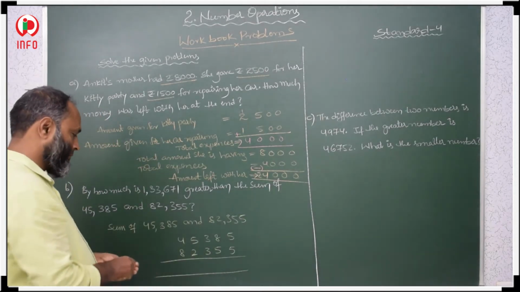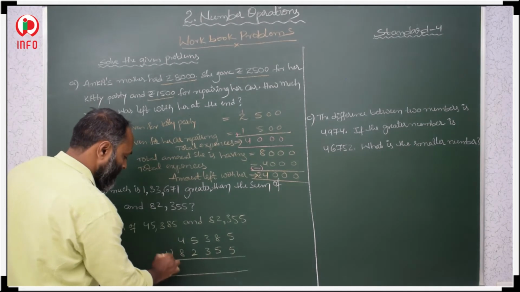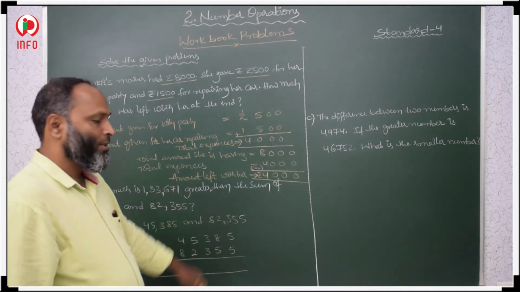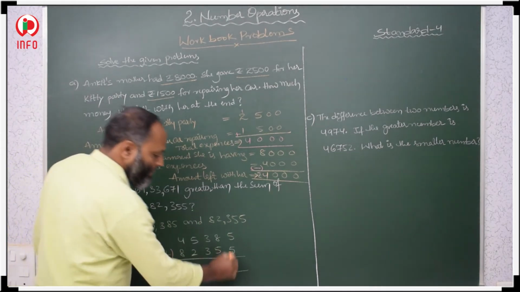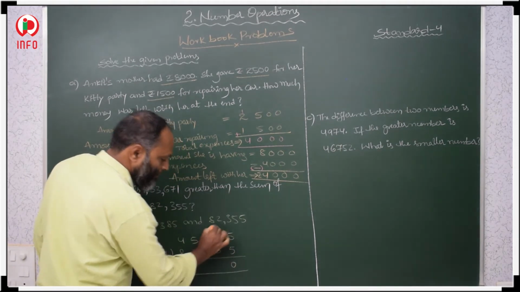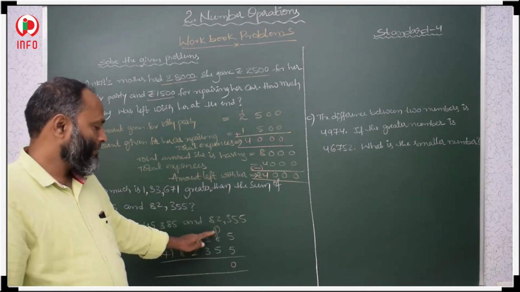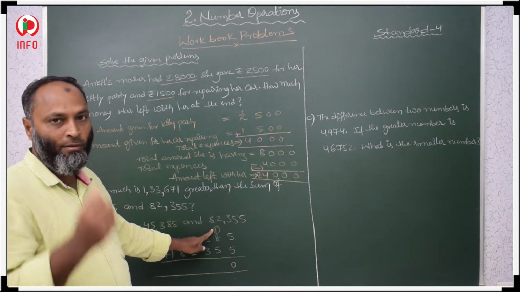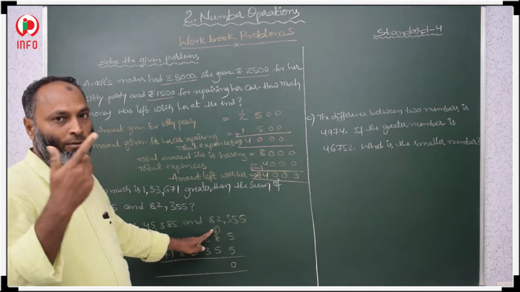Then add. 5 plus 5, 10. 10 means 0 ones, 1 ten. 8 plus 1, 9. 9 plus 5, 10, 11, 12, 13, 14.